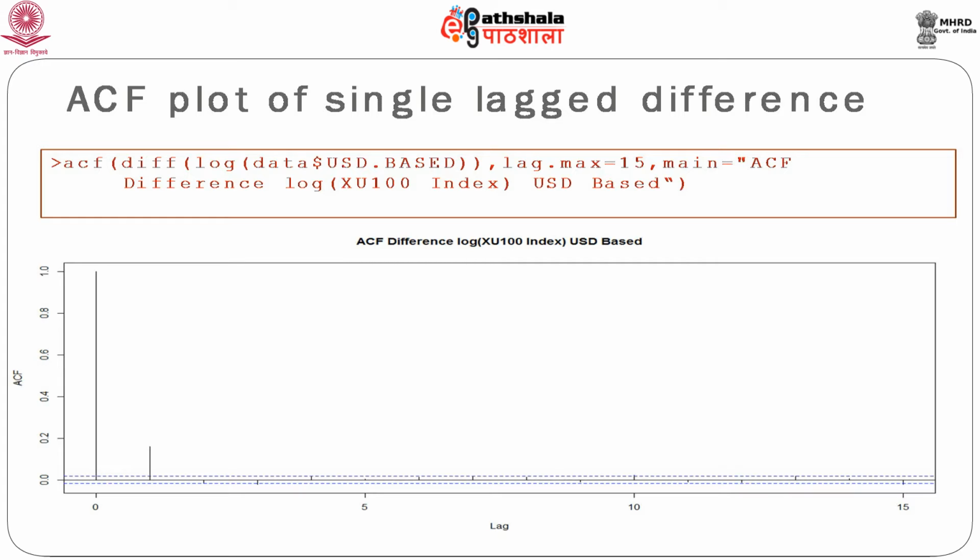Only lag 1 is showing significant; the others are there but they are not beyond the confidence limit. So only lag 1 is appropriate for this difference, that is the moving average order.